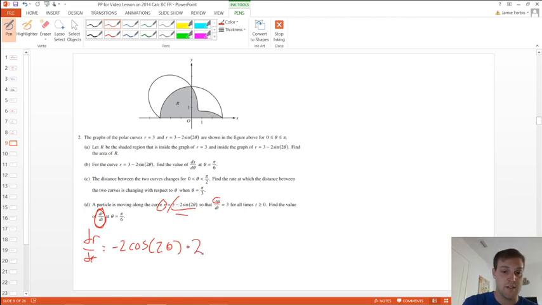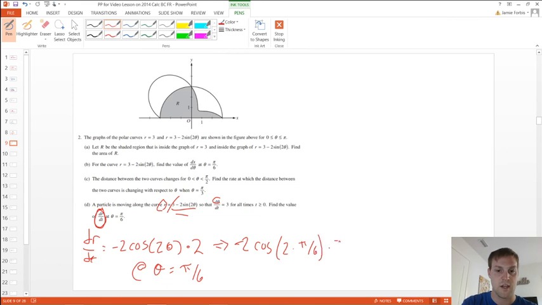We do this at theta equals pi over 6. Again, this is calc active, so do it in the calculator. I chose to do it by hand because it works out pretty nicely. It's negative 2 cosine of 2 times pi over 6 times 2, which is negative 2 times cosine of pi over 3, which is 1/2.